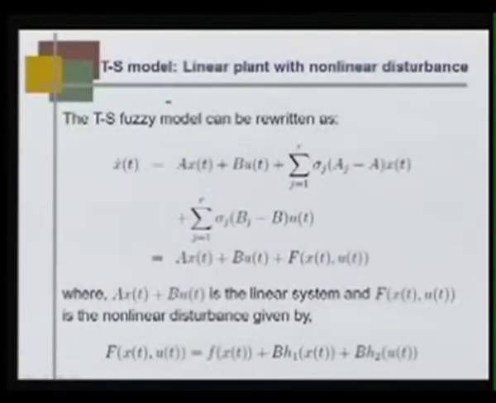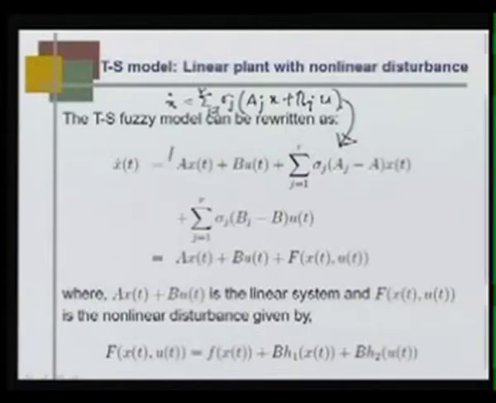Okay. So, that is what I said to you, that the original plant was x dot equal to summation j equal to 1 to r sigma j (Aj x plus Bj u). So, this is my original plant. I can always write this plant as A x(t) plus B u(t).